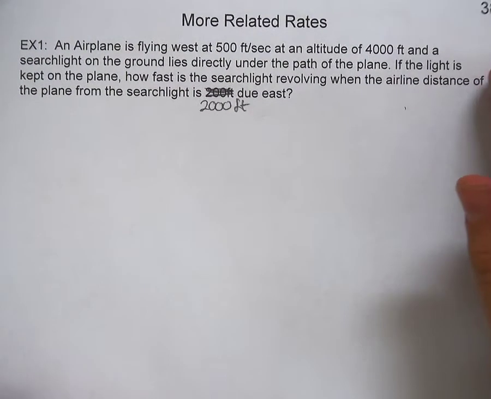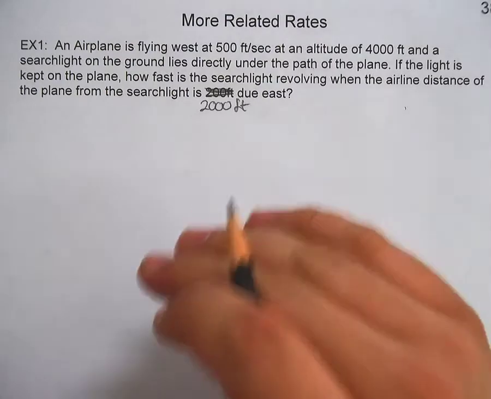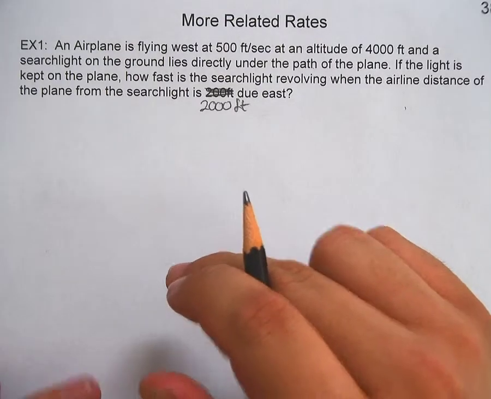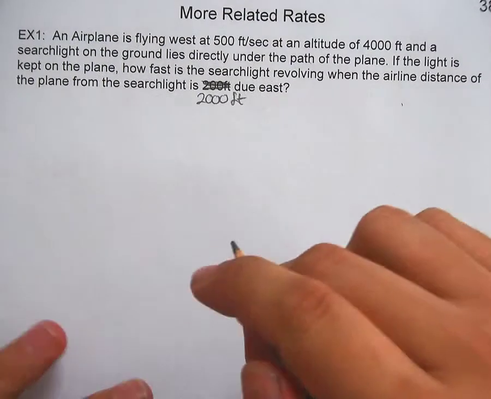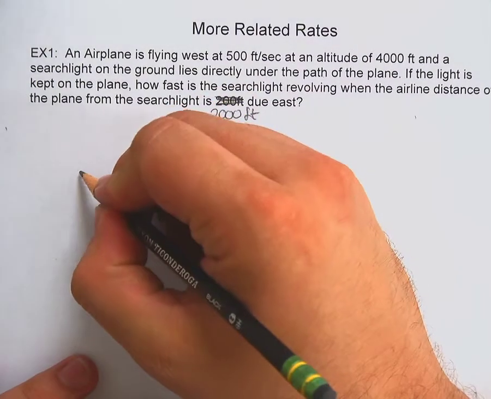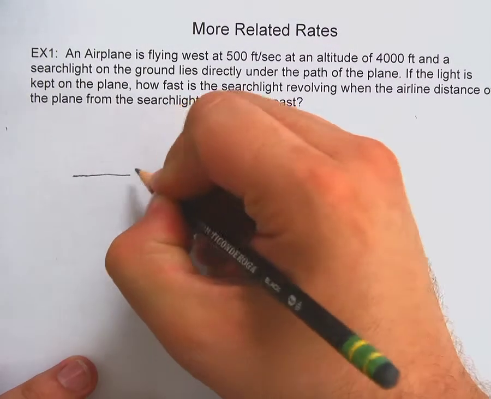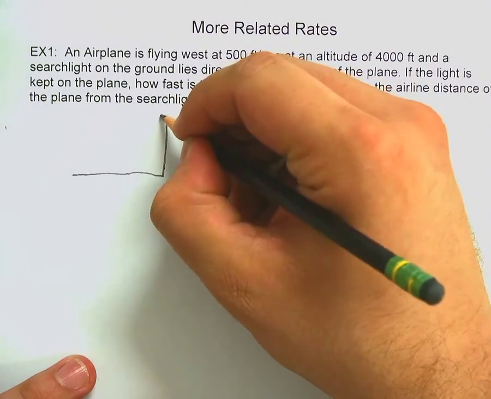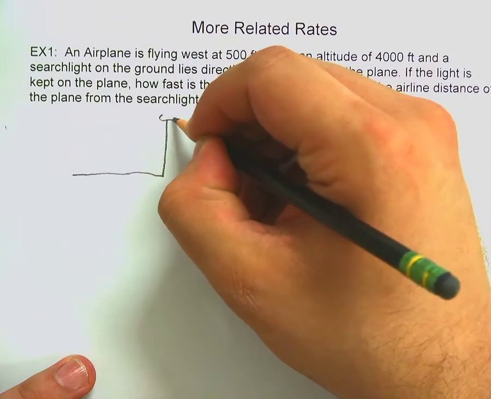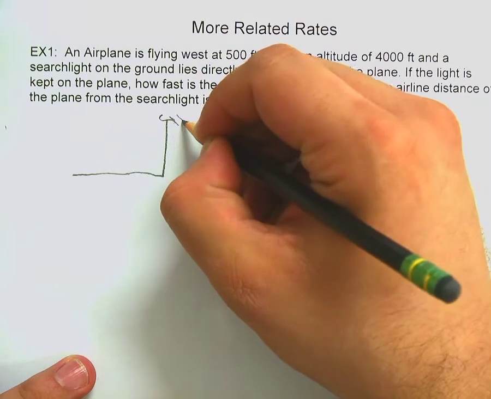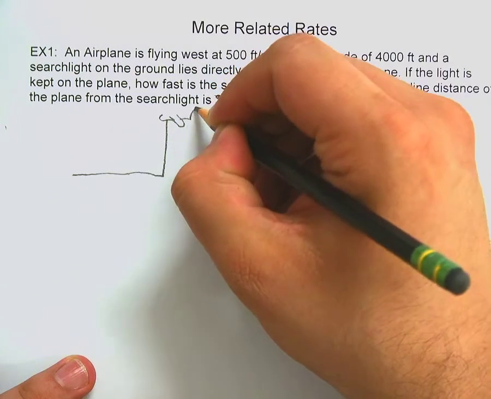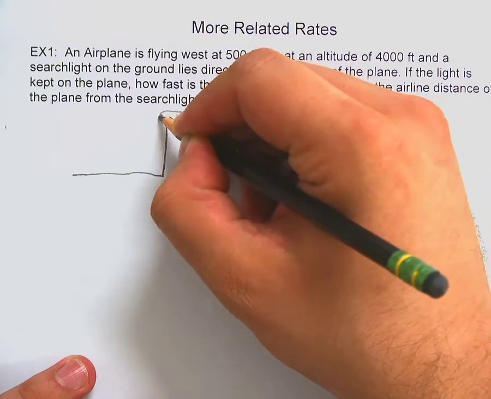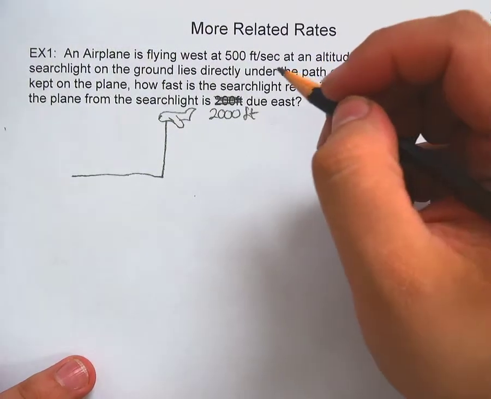So let's set this thing up. First, I need to set up my little picture, my diagram. So I've got a little triangle here. Here's my airplane.